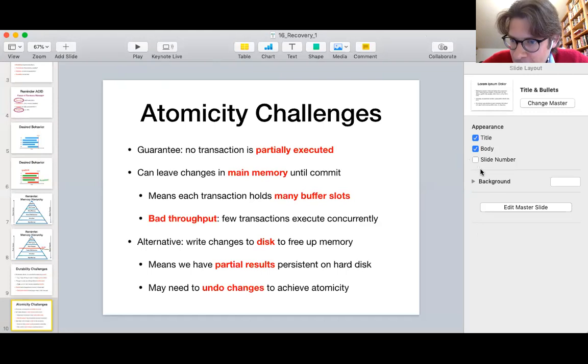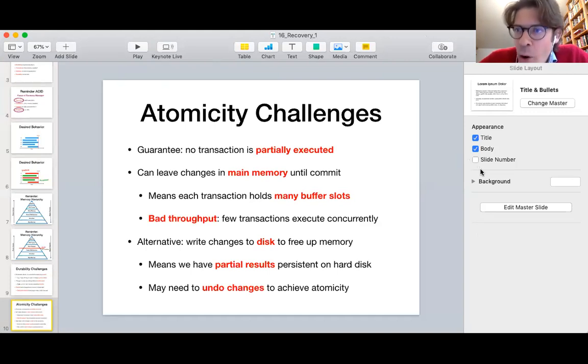So the question is whether in the alternative we are writing directly to the database data. I have pointed out multiple alternatives for durability and for atomicity.